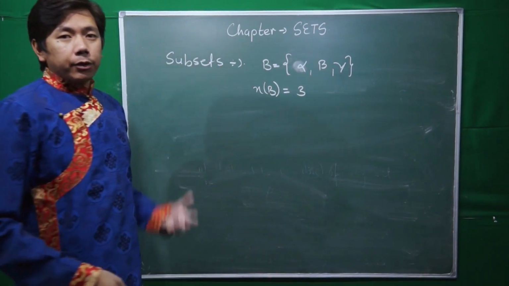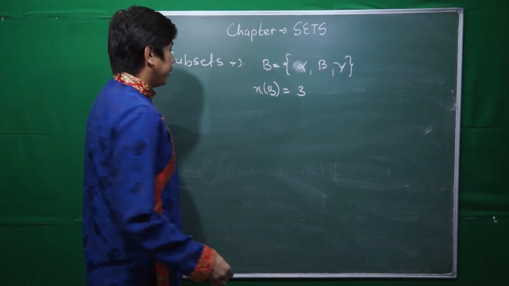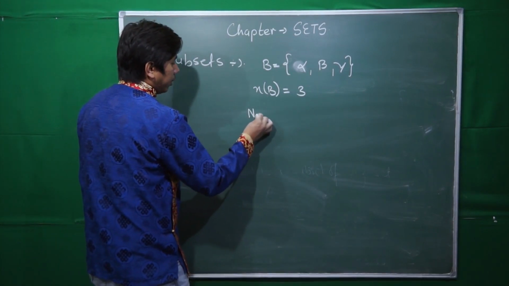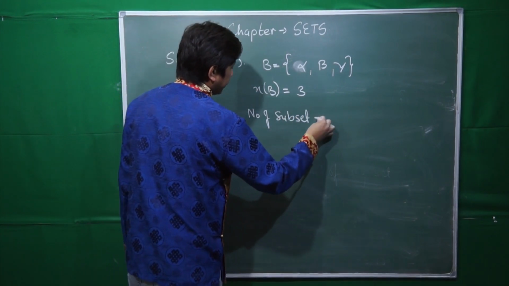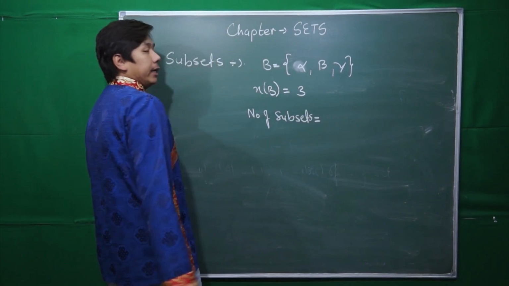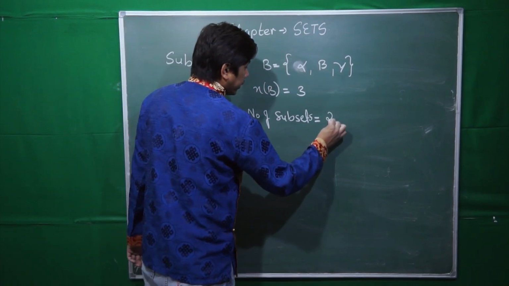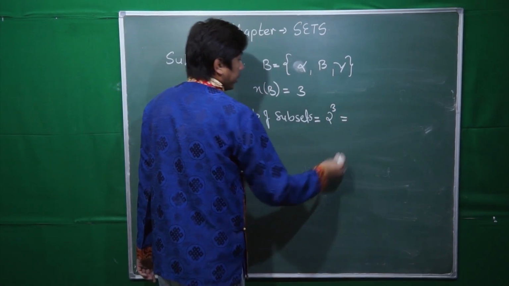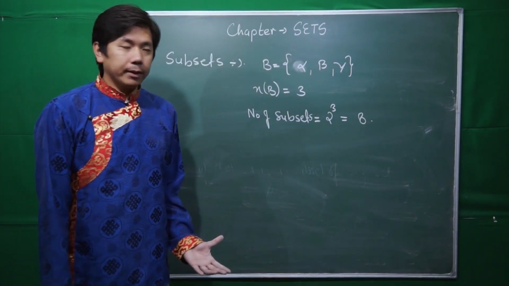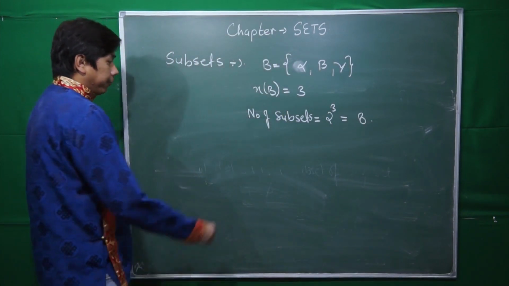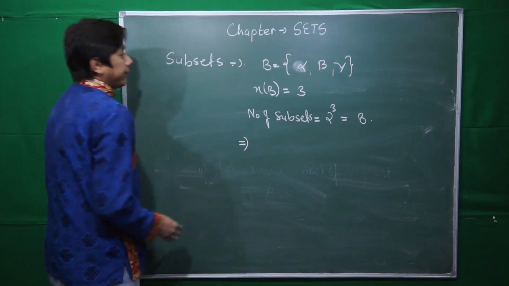All right. Now the cardinal number being 3, therefore, the number of subsets that it can possess would be equal to 2 raised to the power 3, which is 8 subsets. Clear?